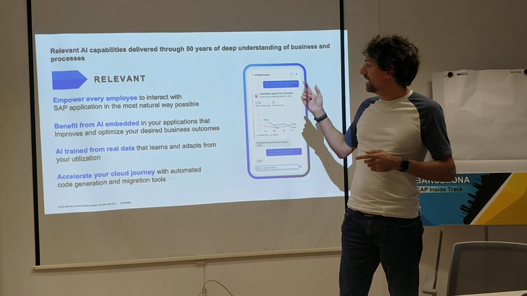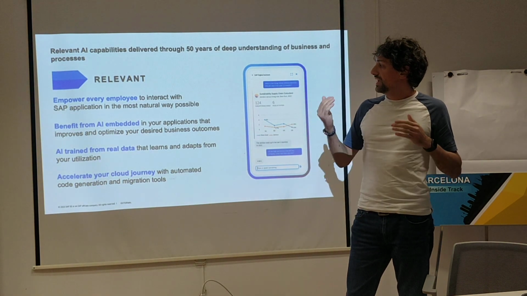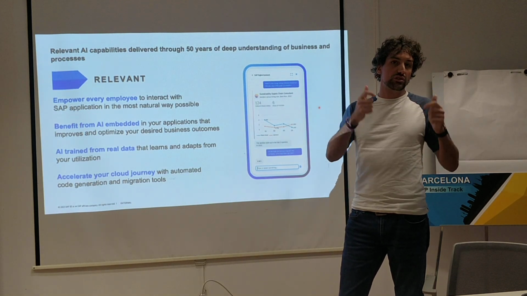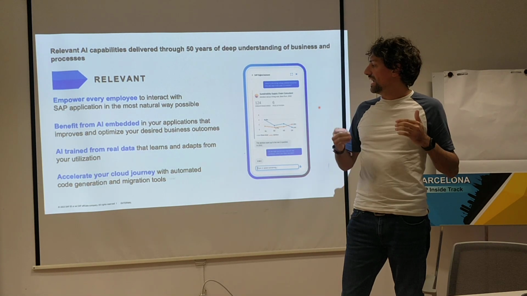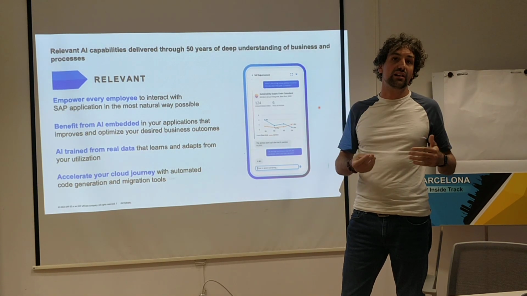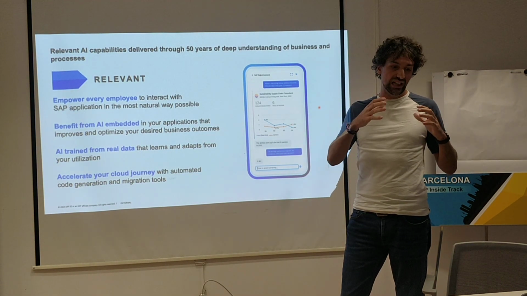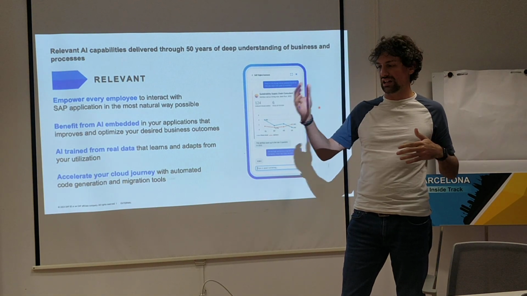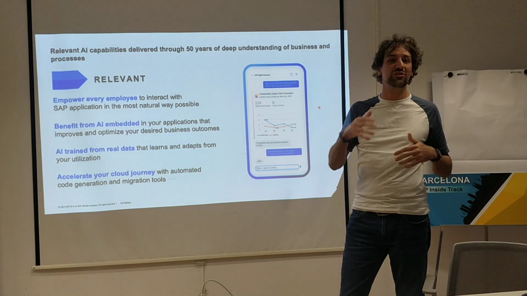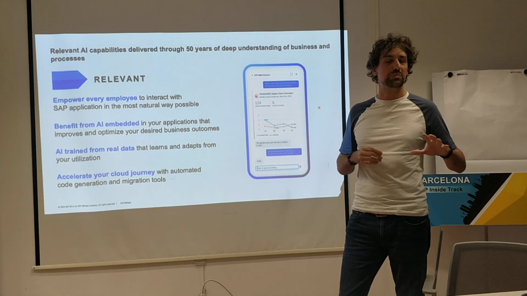So the first one, the relevant, the idea is to give those tools to end users, but where it's relevant and also with relevant data. And so that's why we are taking a little bit more time with generative AI. I think the last question or topic you discussed in the previous session is a perfect example, right?